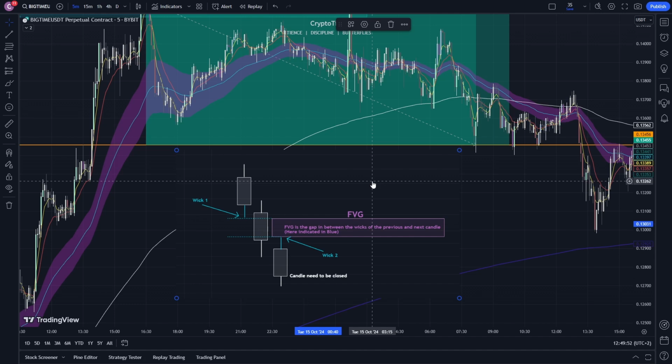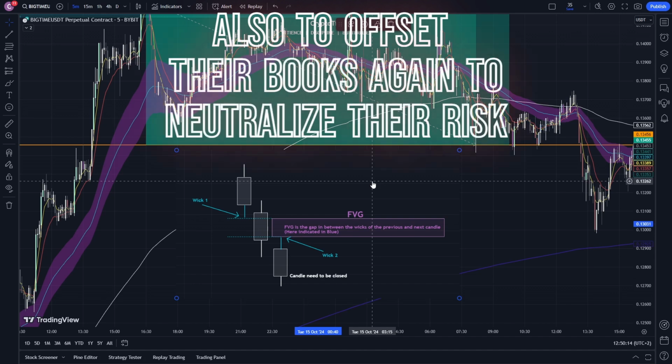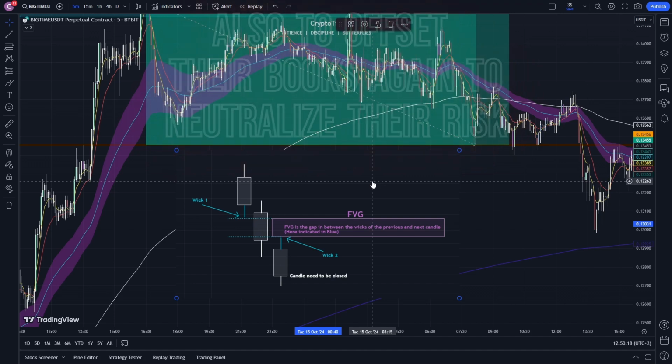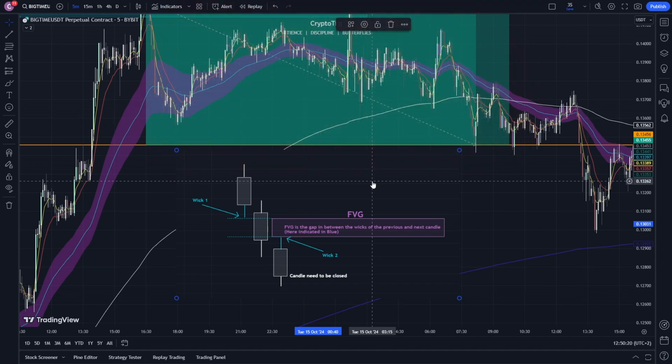These gaps can therefore distort the markets as prices moved too quickly without proper volume. So closing these fair value gaps allows institutions and market makers to return to fair pricing, balance supply and demand, and execute orders with less slippage, which is very important. So therefore ensuring a more stable and efficient market condition.